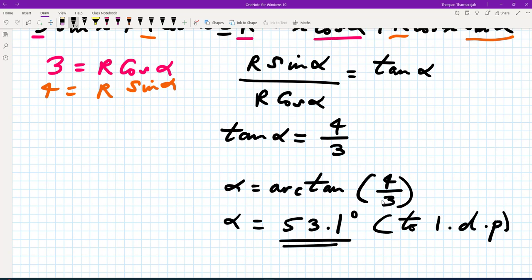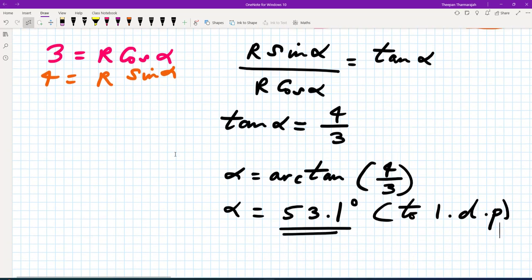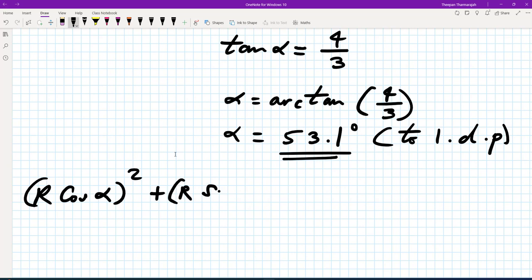Now, what we're going to do is square r sin alpha and square r cos alpha. So if we were to do that, we will get r cos alpha squared plus r sin alpha squared.